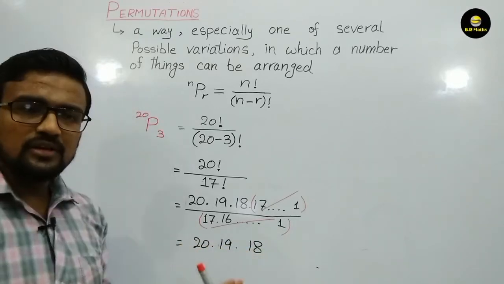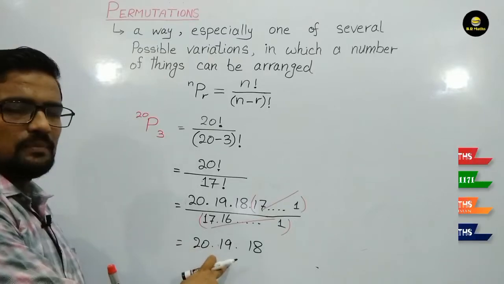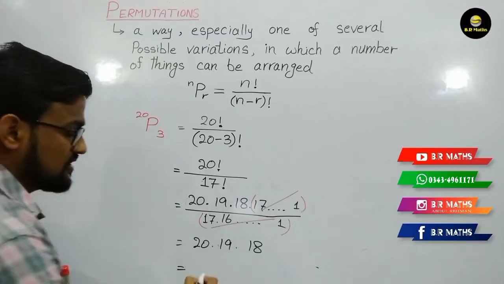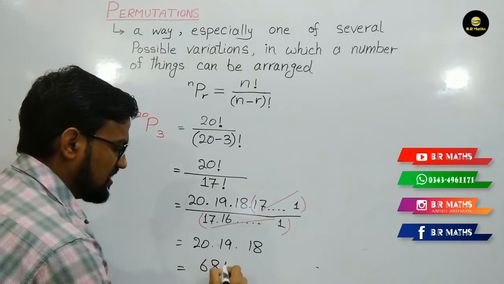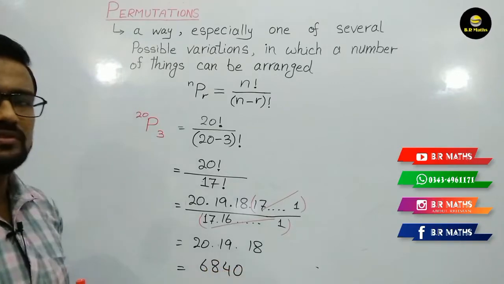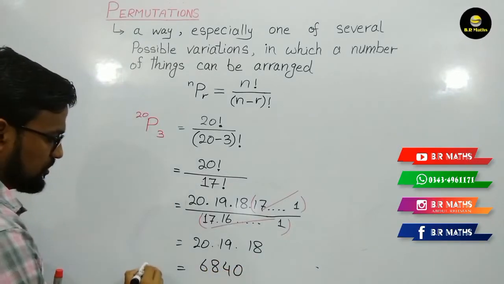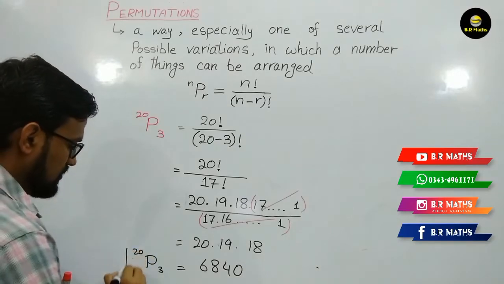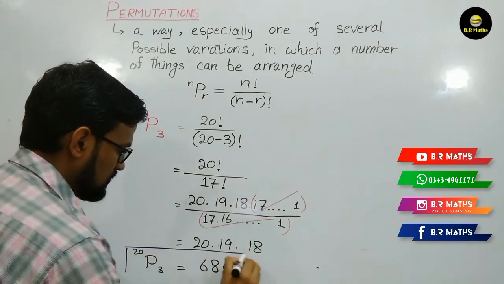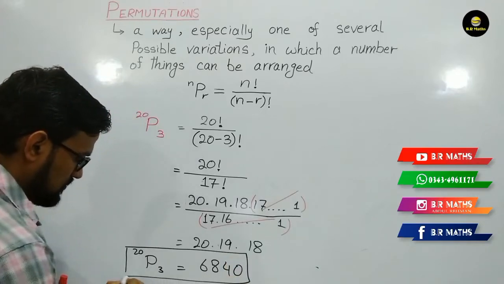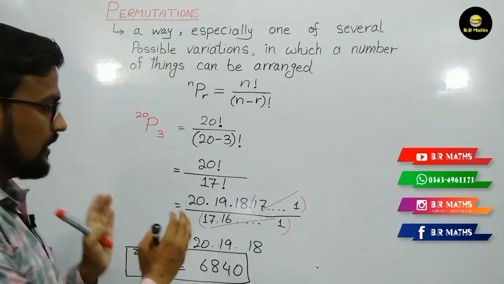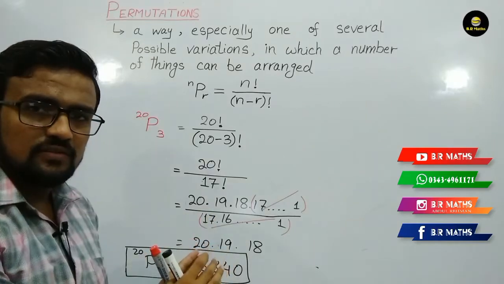So students, multiply these numbers, 20 times 19 times 18, and the final result is 6840. So this is the permutation of 3 out of 20. I hope you understand this one.